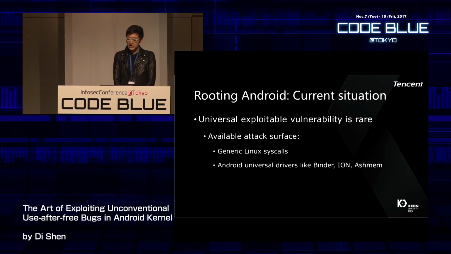Furthermore, if you want to root millions of devices at once, no matter what kind of SoC these devices are shipped with, you must have a universal 0-day vulnerability. It means you have to find bugs in the Linux syscalls or universal drivers like Binder, ION, HMM. But unfortunately, bugs in this available attack surface are very rare right now.